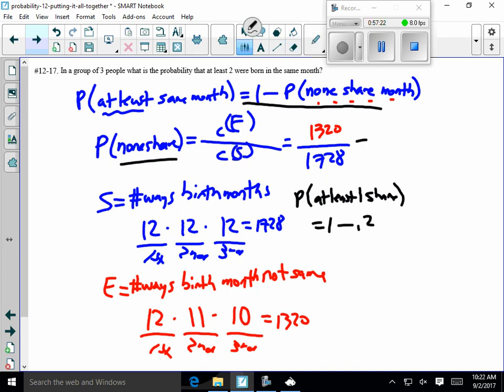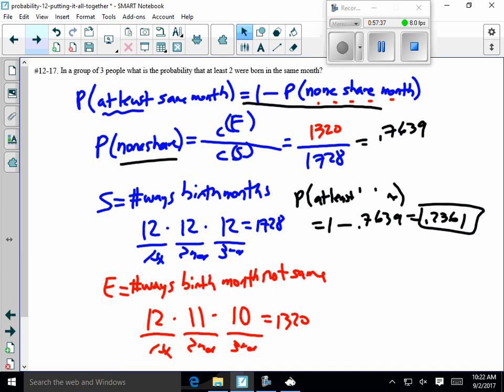So 0.2361 is the answer. It's 1 minus the other one. So there's about a 76% chance that none of them share the same month, and therefore the other 24% chance that at least 2 of them do share the same month.